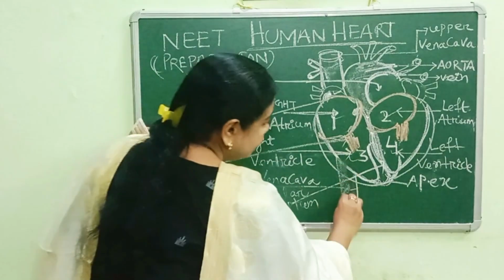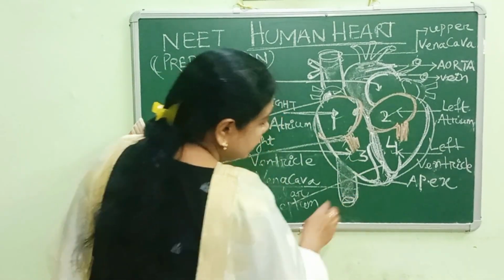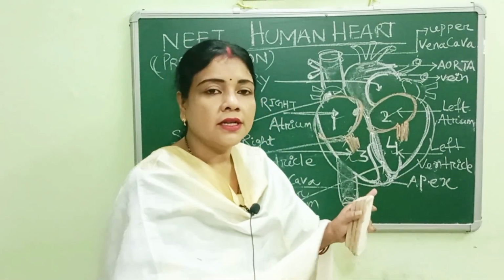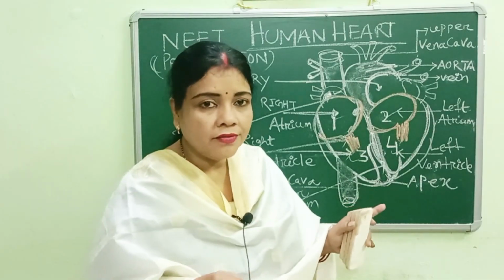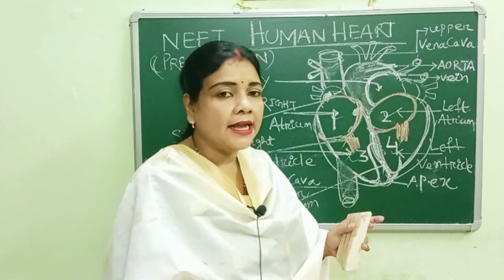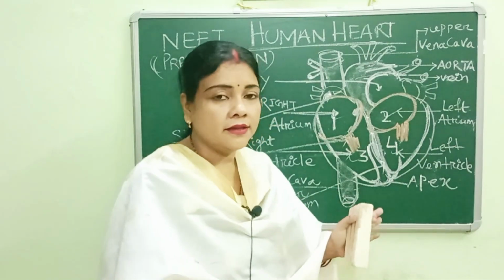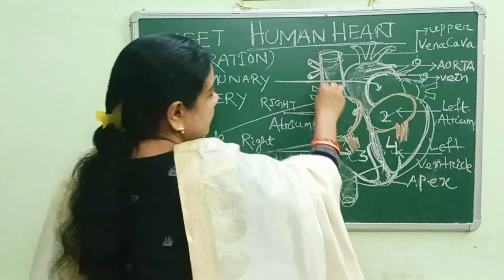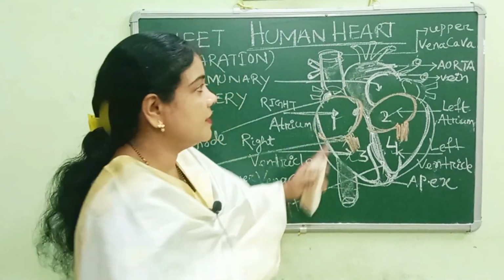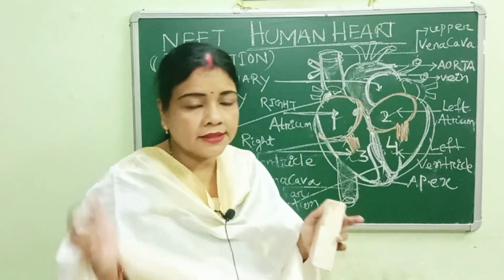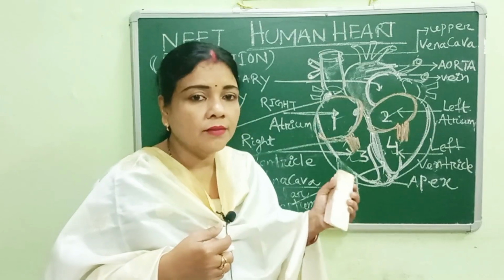The lower part is known as the inferior vena cava, which collects poor oxygen content blood from the lower part of our body, like legs, abdomen and diaphragm. So with the help of the vena cava, the right atrium collects the deoxygenated blood.